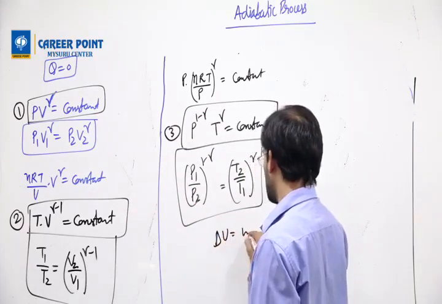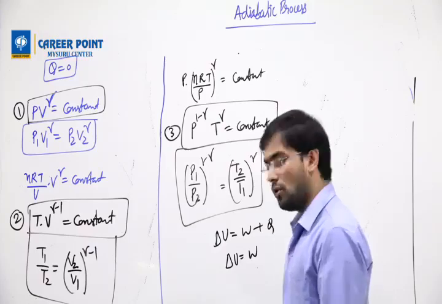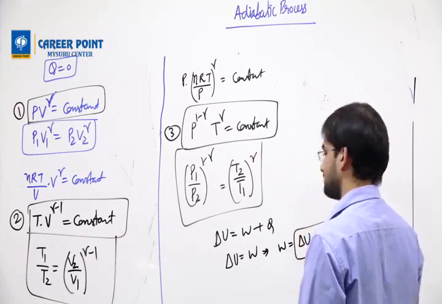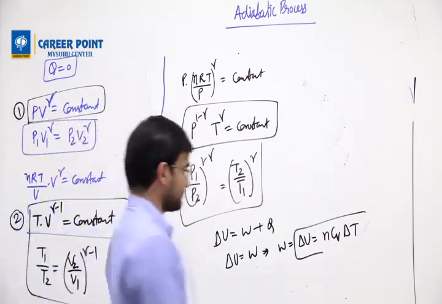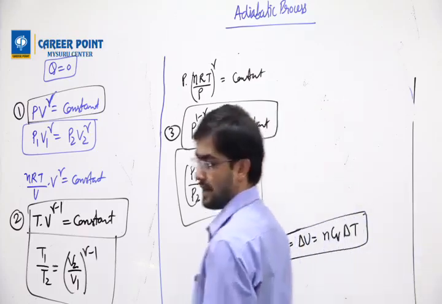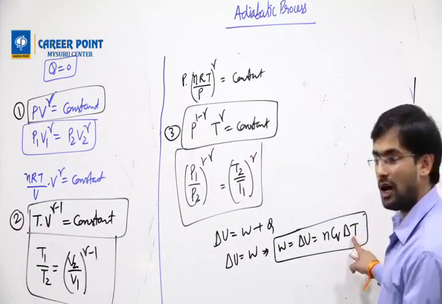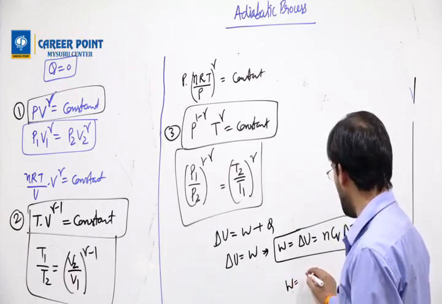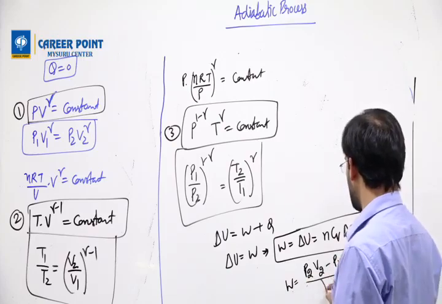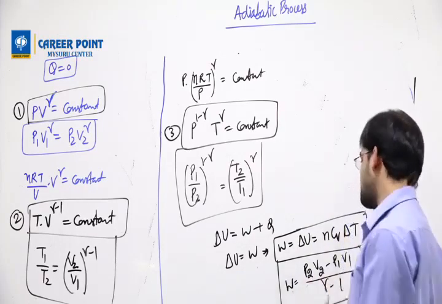So delta U equals to W plus Q. Q is 0, so delta U equals to W, and W equals to delta U equals to nCv delta T. This is one formula of W. I can have one more formula of W, which is P2 V2 minus P1 V1 by gamma minus 1.